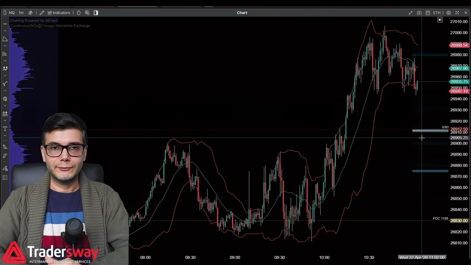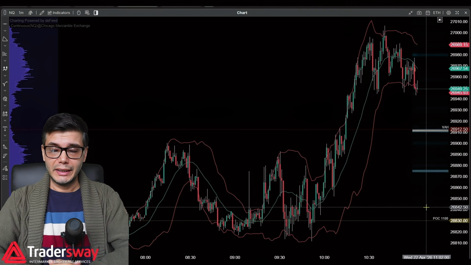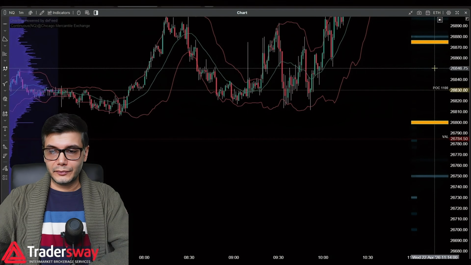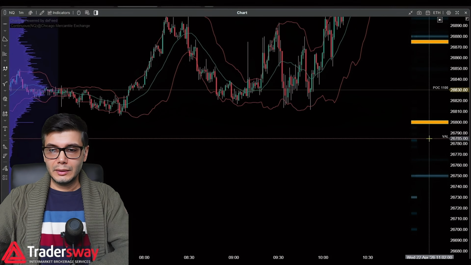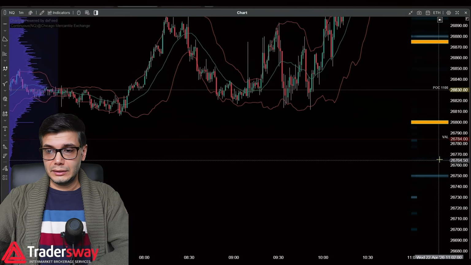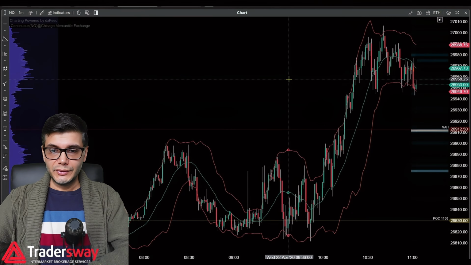Point of control is where the most trades were executed during the day, and the value area low is where there are the lowest participants for the day. That means sellers were not interested to sell cheaper than $26,784.